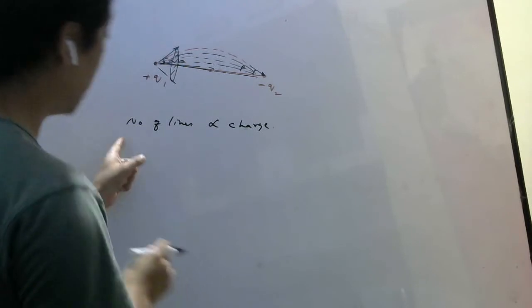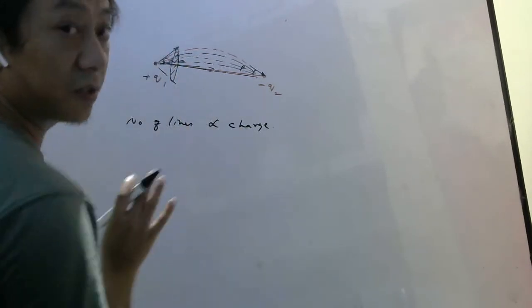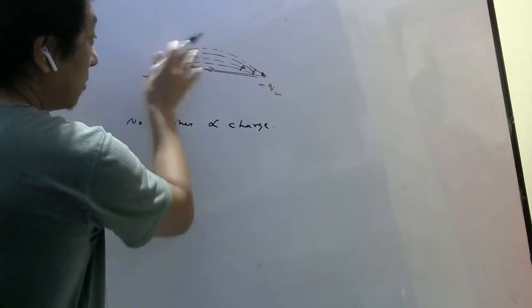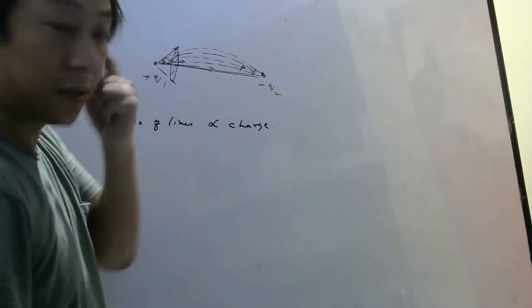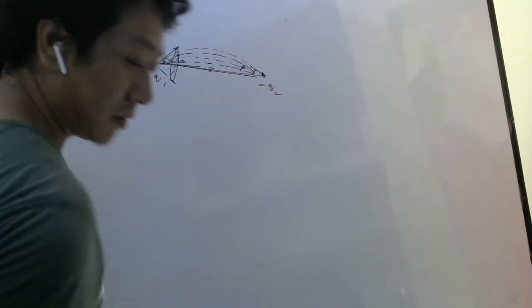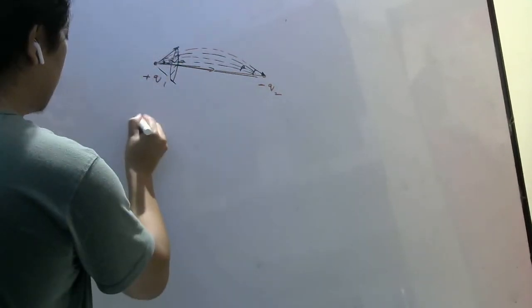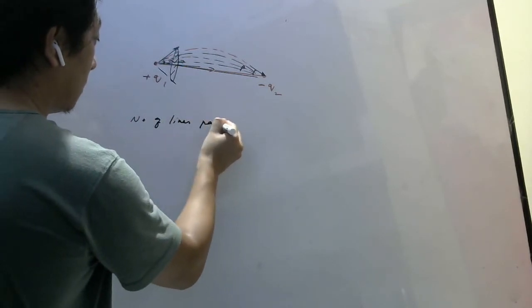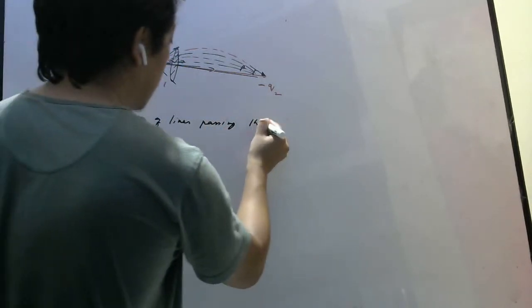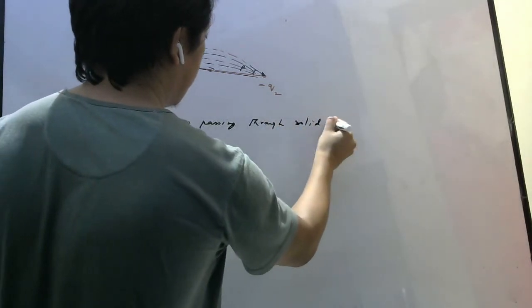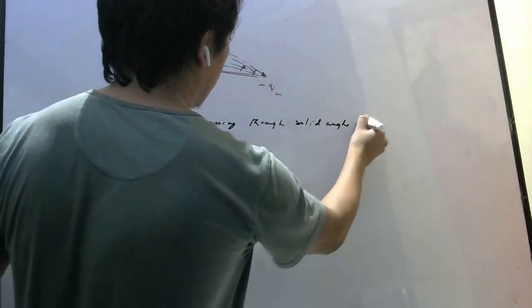So how many lines are going through this cone if I ask? The number of lines is proportional to charge, you have understood that first. Now how many lines are passing through this area, suppose I ask? That can be found this way. Let me rub this part, remember this. The number of lines passing through solid angle omega.